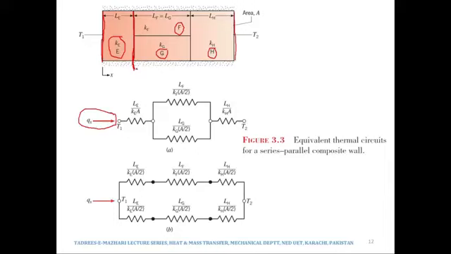It is going into F and G both simultaneously. So therefore the resistance offered by F and G would be in parallel to each other, because from this point onwards, the heat is flowing in F and G simultaneously.